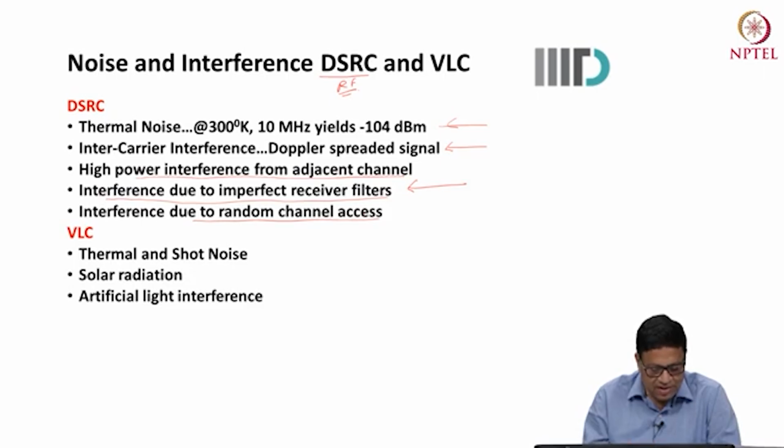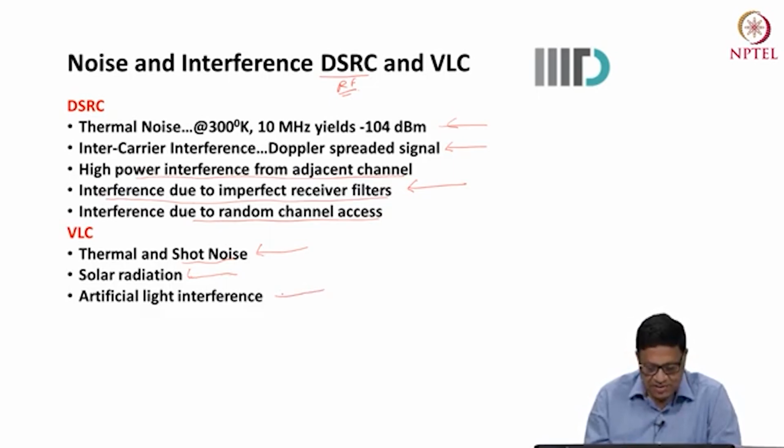In VLC, there is thermal noise and shot noise, because this comes from the detection process. Also the shot noise is generated if you have sunlight and other sources of light. It adds to the shot noise. The solar radiation happens to fall in the visible range, so this is also going to contribute to the noise in the system.